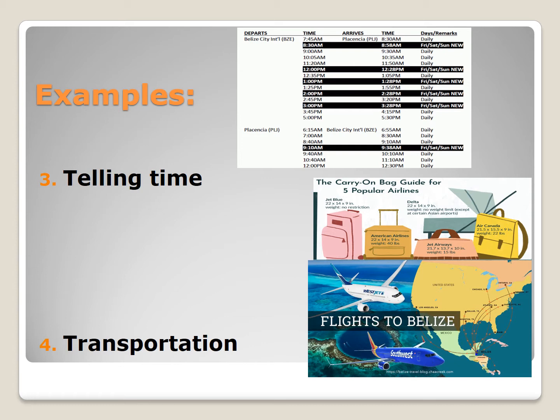This goes hand in hand with telling time. If you are traveling in general transportation, not your private vehicle, then you would like to know at what time the next transportation is available and what time you will reach your destination. Guys, these are all very important when it comes to measurement.